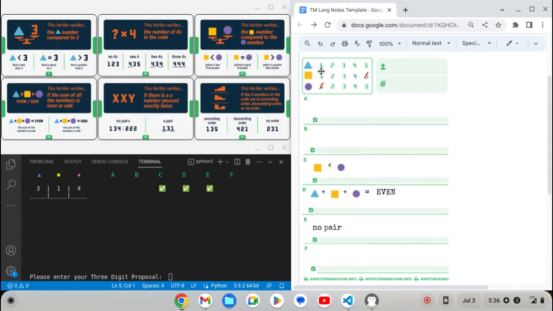Ascending, yeah, that makes sense, because we know square is less than circle, so you could have some ascending options, or otherwise there's no order. But nothing is really jumping out at me to construct this second round proposal. What could happen?